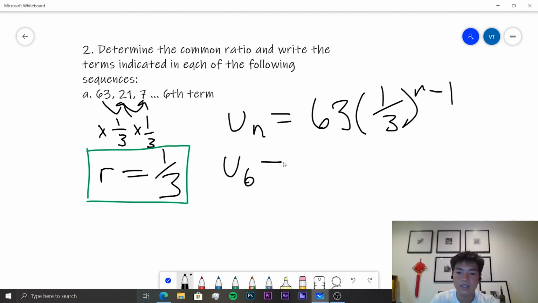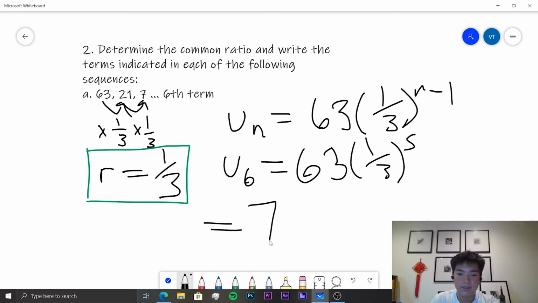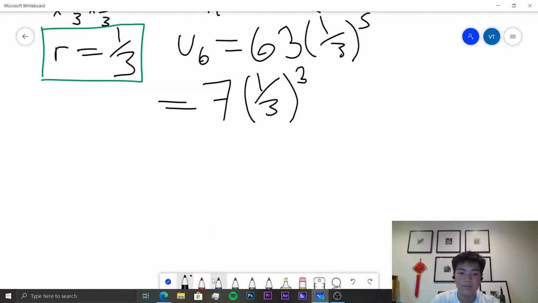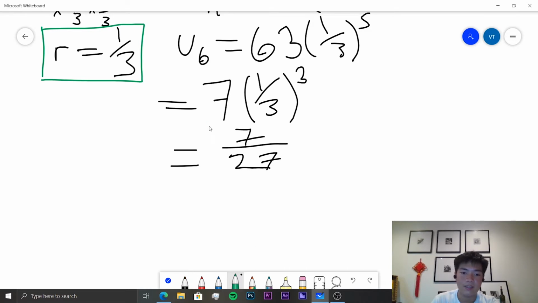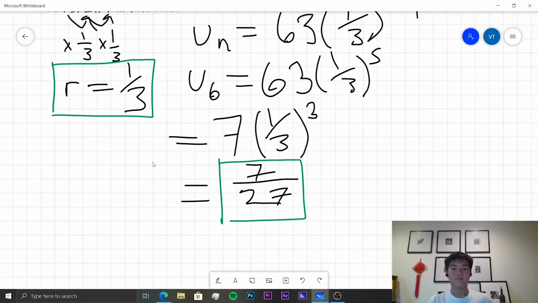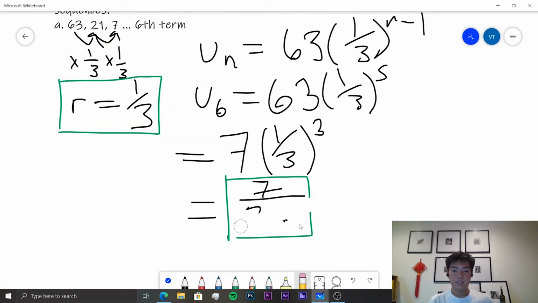So u_6 is equal to 63 times 1/3 to the 5, which is equal to 7 times 1/3 to the 3, which is equal to 7 divided by 27. And it's usually okay to leave your answer in this kind of form, like as a fraction. Okay, let's move on to another question.